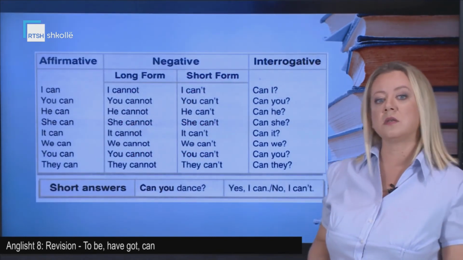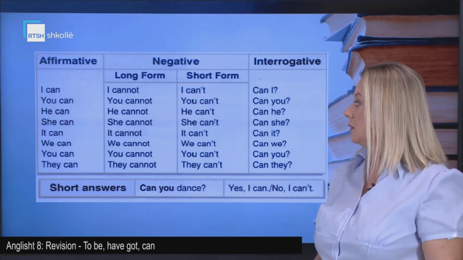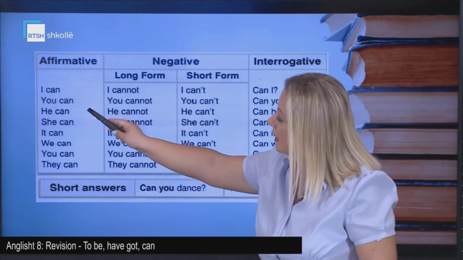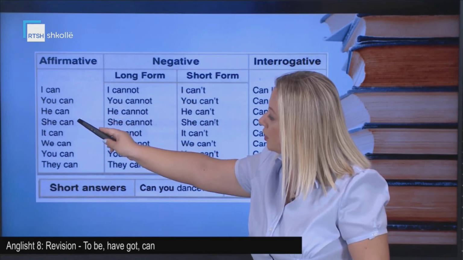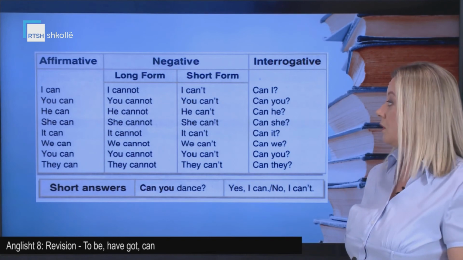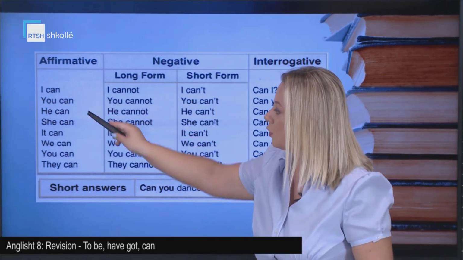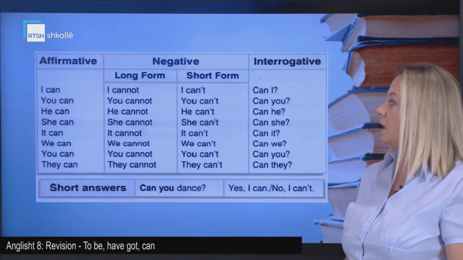How do we conjugate the verb can? What is special about it is that it does not take s in the third person singular. All the modal verbs do not take the s or es in the third person singular.